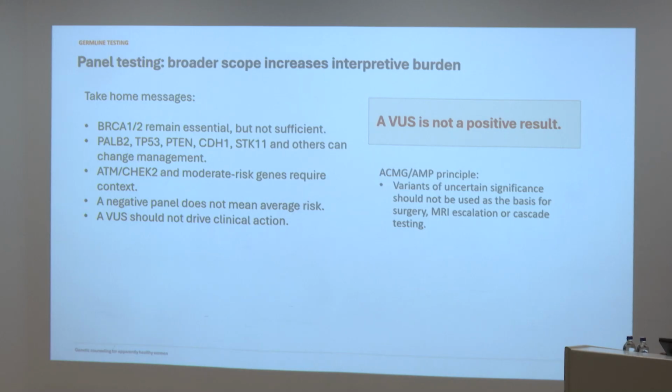A negative panel test doesn't mean average risk. And most importantly, the most challenging for us and for the clinician, a variant of unknown significance is not a positive result, of course, but sometimes clinicians find people with variants of unknown significance dangerous.